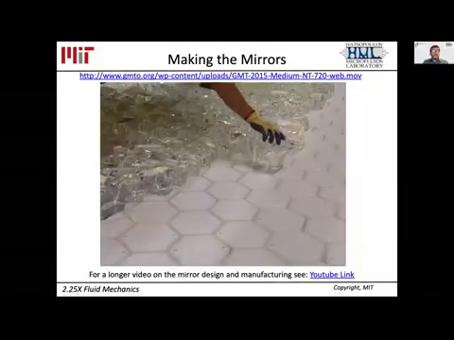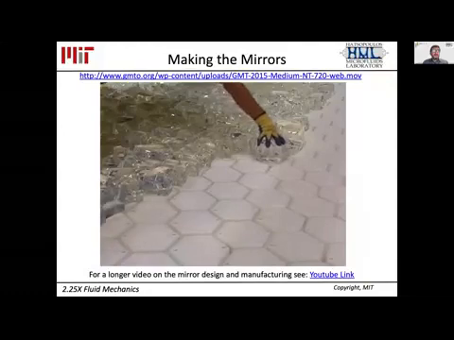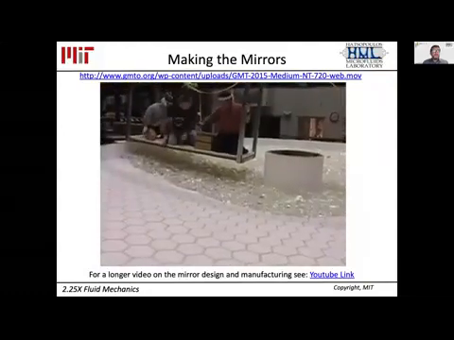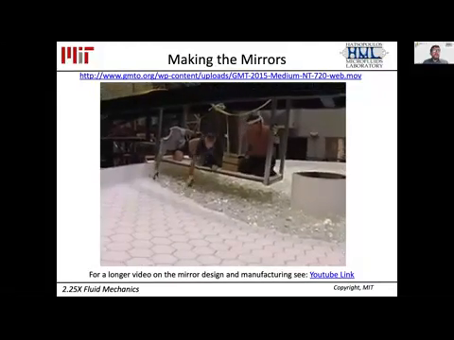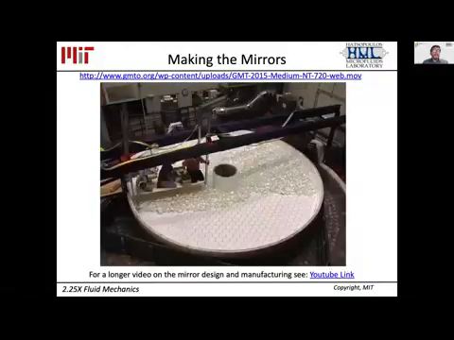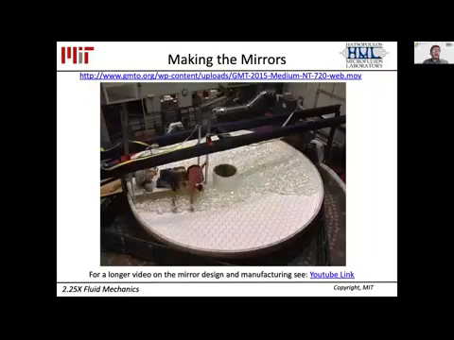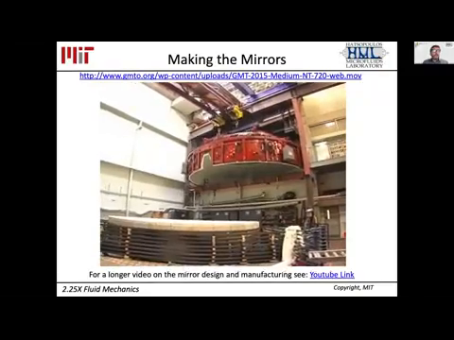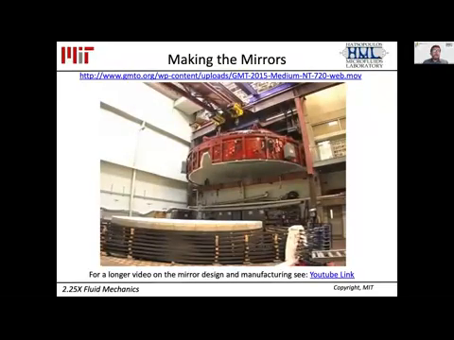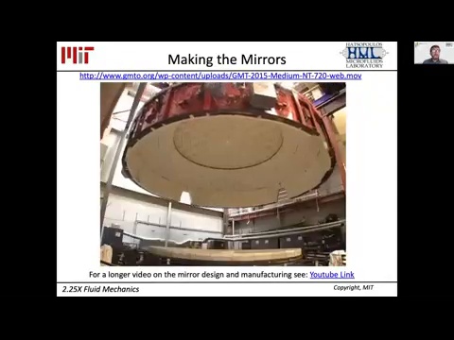So here are the individual pieces of optical quality glass being placed on the surface. It gives you some idea of the scale and also how thin the final mirror is going to be. You might be interested by the hexagonal patterns on the back of that surface, and we'll see what that's for in just a moment.